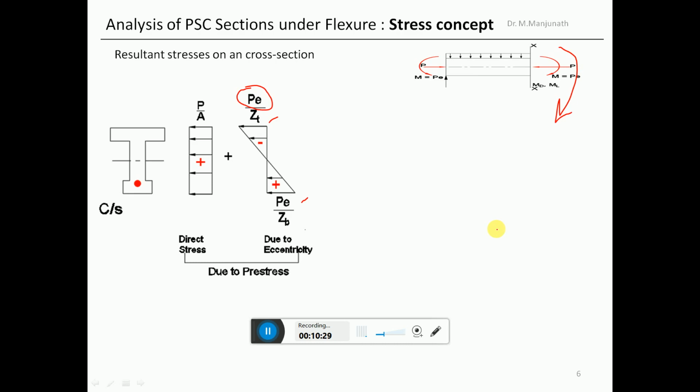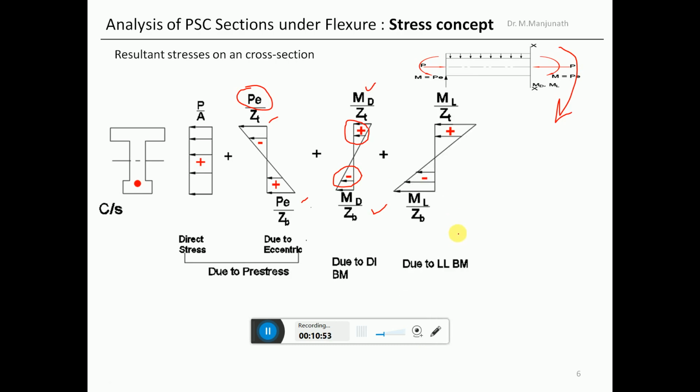Now the stresses due to the dead load. So knowing the dead load moment, the stresses in the top and bottom fiber are given by M upon Z, and we know that the moment being sagging, the stress is compressive in the top fiber and tensile in the bottom fibers. Similarly, the live load stresses at the cross section can be shown like this.